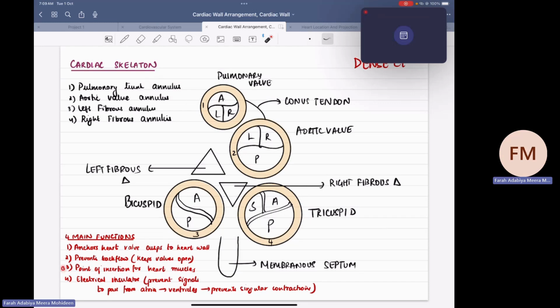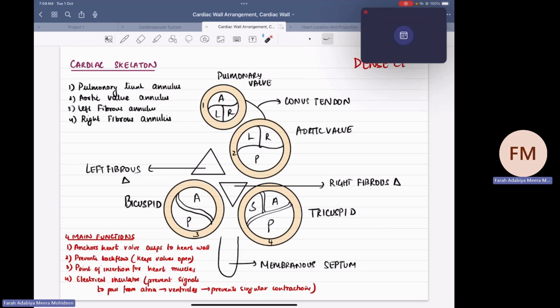Then your third main function is a point of insertion for your heart muscles, and your fourth main function is that it acts as an electrical insulator, where it prevents signals from passing from the atria to the ventricles suddenly, and it prevents simultaneous contractions.